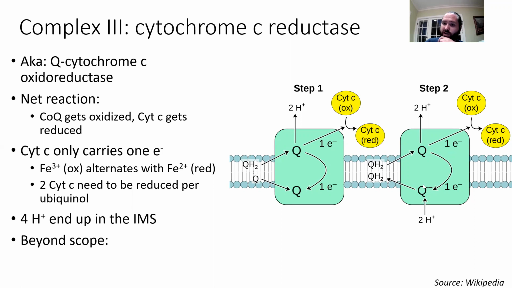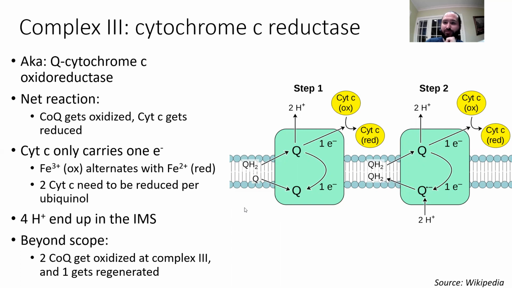The Q minus will then have 2 electrons, and it'll gain 2 protons to balance charge and will become a second coenzyme Q reduced. So the net is still 1 coenzyme Q reduced, reducing 2 cytochrome Cs, pumping 4 protons. So there's no net gain or loss of coenzyme Q reduced.